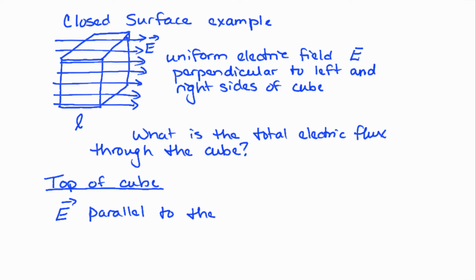If it's parallel to the surface, that automatically means that our electric flux through the top side of the cube is 0.